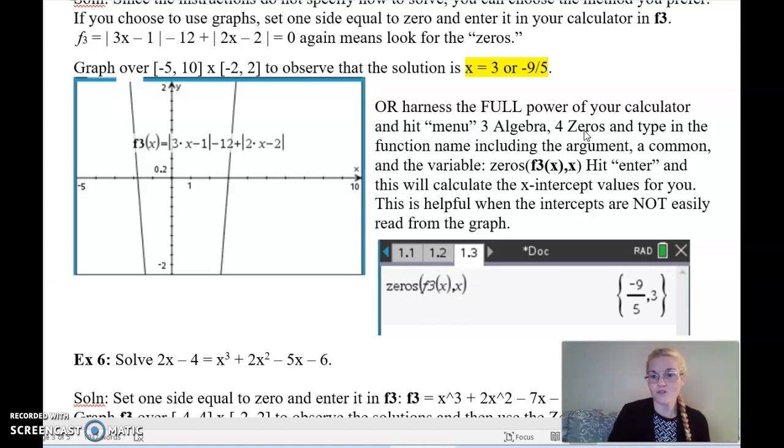If you hit menu, algebra, zeros, type in the function name with the argument, comma, and then the expression, and then it'll tell you exactly what it is. So this is where you're reaching some of the pitfalls, right? Just by looking, it's not always clear and easy to tell what's what.